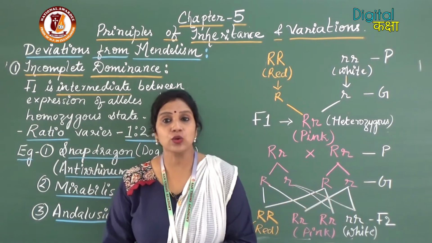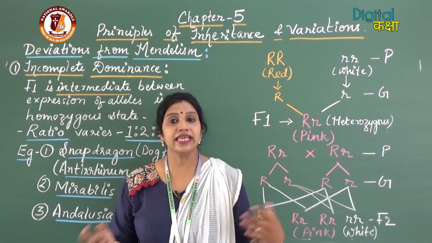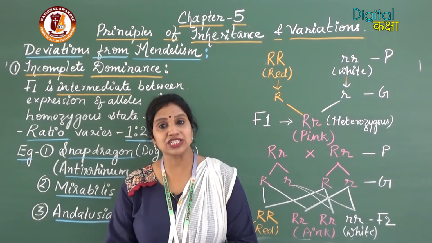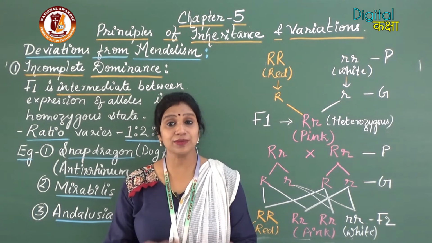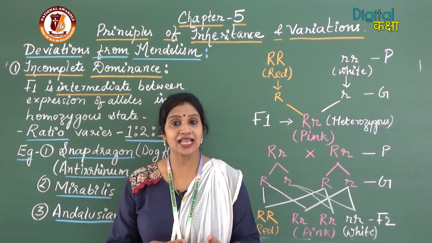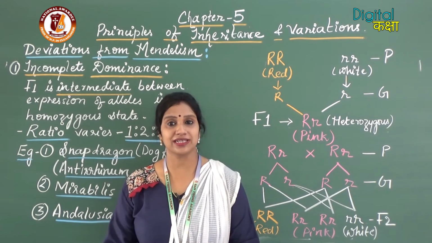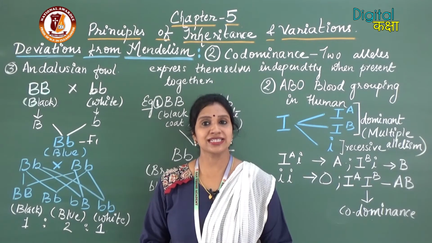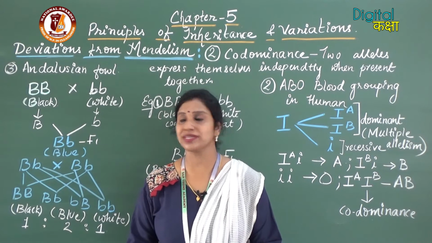So this is how Mirabilis jalapa and snapdragon flower vary from Mendel's laws or Mendelian genetics. So here the F1 is intermediate, or we can say the F1 does not resemble either of the parents. Now let's move to the next example of incomplete dominance.